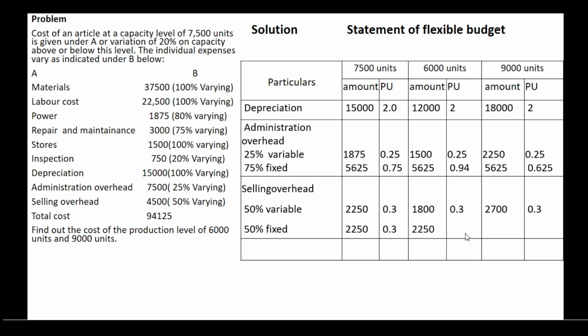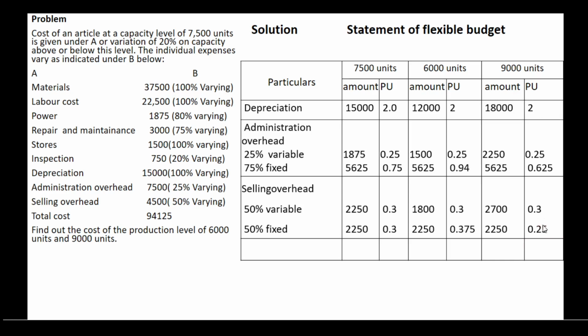The cost per unit, that is 2,250 divided by 6,000. So now the cost per unit are 0.375. Under the 9,000 units, the amount are the same, 2,250 rupees. So it is divided by 9,000 units. So now the cost per unit are 0.25. So this is the selling overhead.